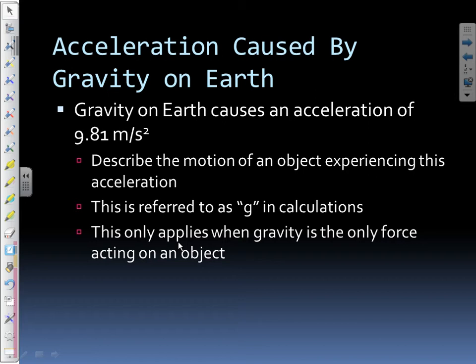For example, a demonstration that most of you have probably seen before. So, book, paper. If I drop them, which one's going to hit the table first? The book does, and the paper hits the table later.